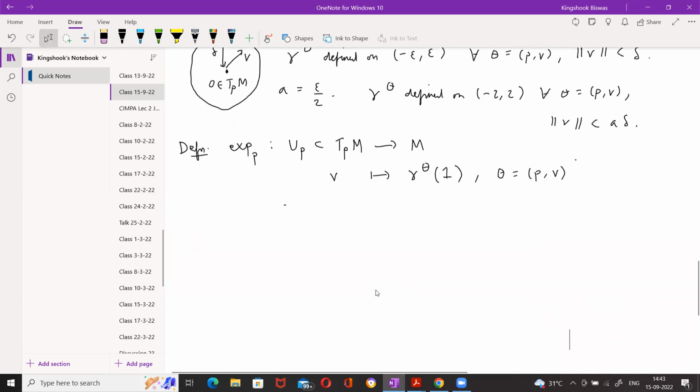Okay, so this is a picture. This domain of the exponential map is vectors so that the corresponding geodesic is defined for time 1. And as we've seen, this contains a ball around the origin.